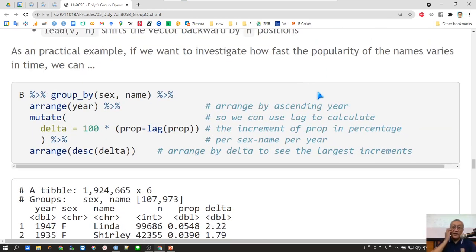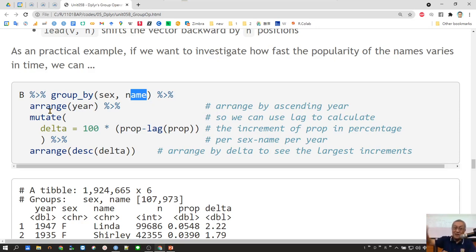Okay, this is the baby names data set. So first of all, I group by sex and group by name, so every sex, every name. And then I arrange by year. So imagine how the data frame is prepared: it's grouped by name, and then within the name, I arrange by year.